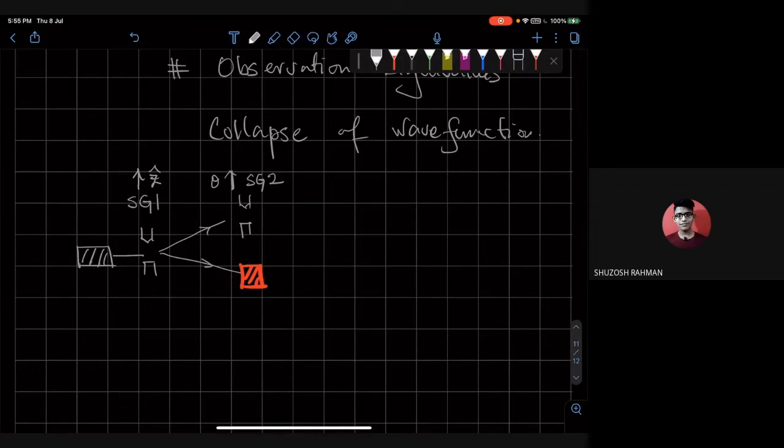Okay, so we are going to get two beams again coming out of here. Now we want to determine the relative intensity of these two beams. And what we will see is that the relative intensity of these two beams depends on this angle theta.